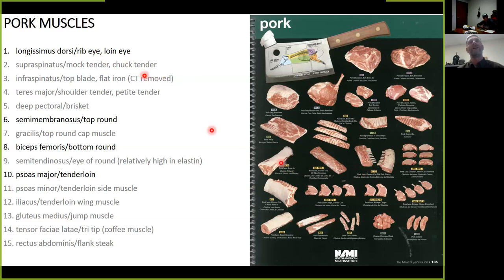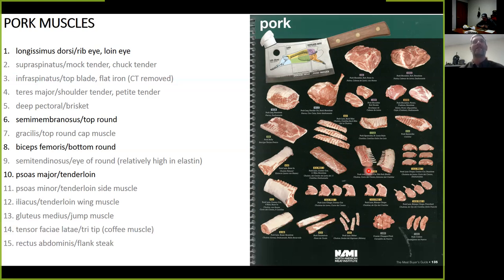The loin eye, the common name, or the rib eye for the longissimus muscle? It would be the loin eye, right? Because it's from the loin primal in the pig, whereas if we had all these ribs in here in beef, we'd call it the rib eye because that's from the rib primal. Does that make sense?